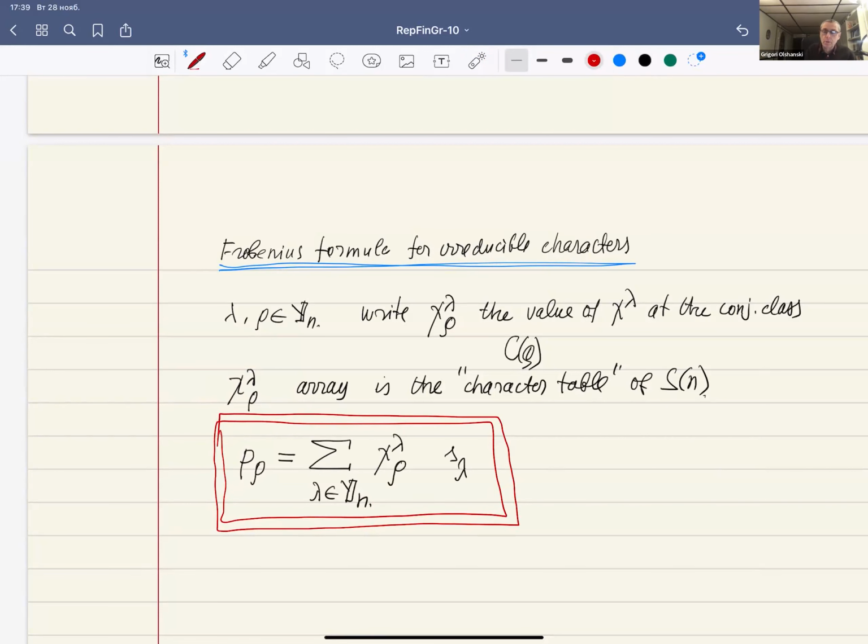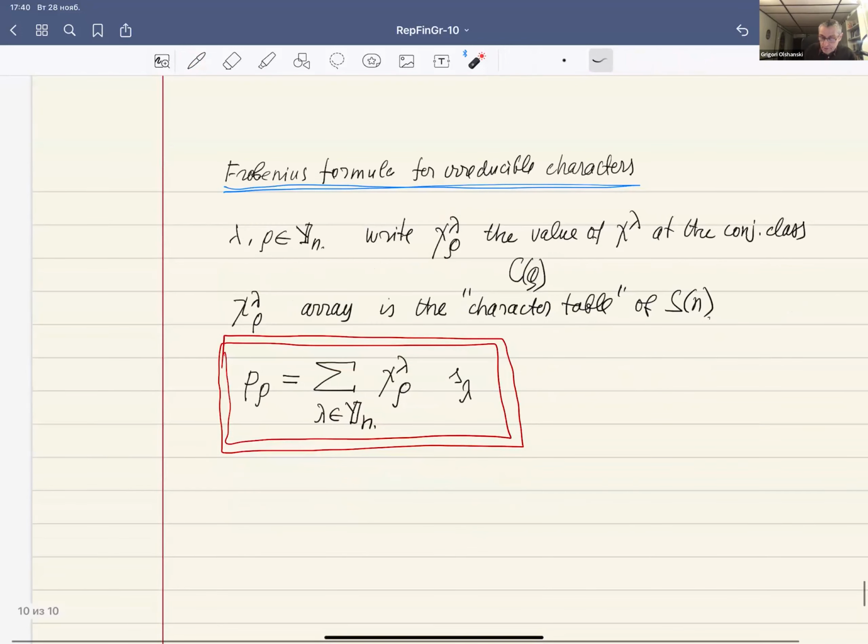And actually, the whole information about the characters is encoded in this formula. It can be extracted from this formula. This is essentially the unique source of information about characters.